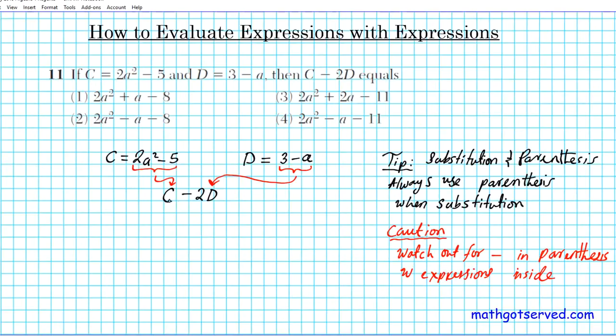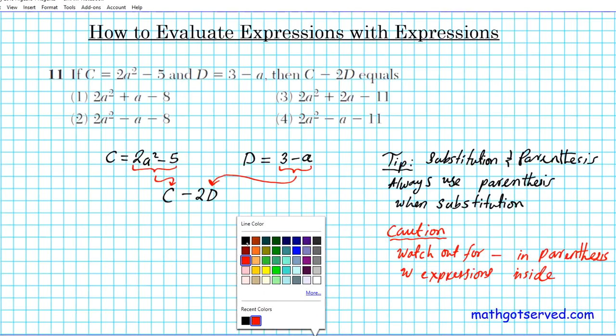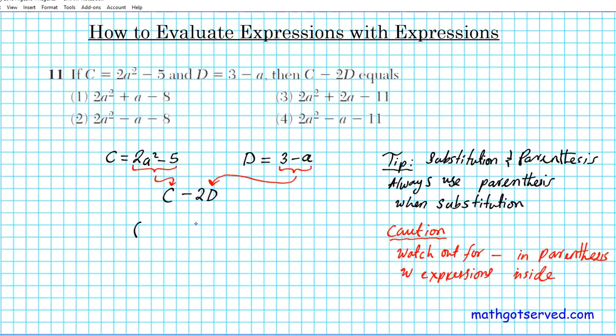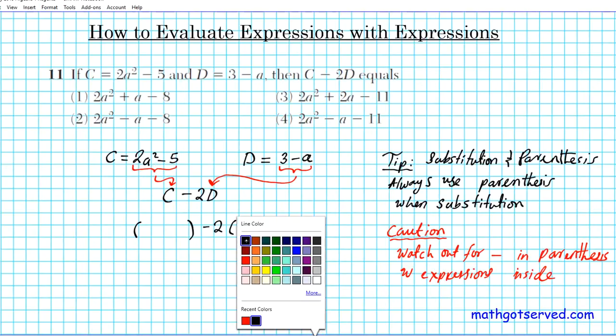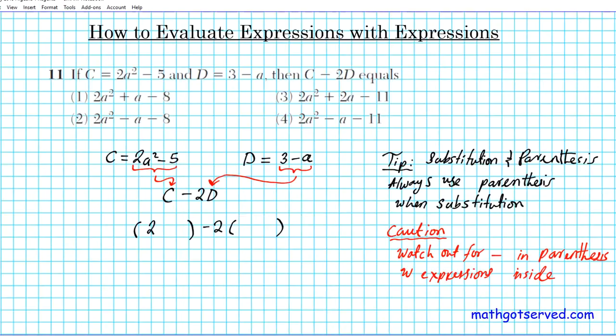We're going to start out by taking out these two variables, c and d, and replacing them with parentheses. So in place of c, I'll put parentheses, minus 2 times parentheses. Now in the first parenthesis, where I took c out, I'm going to substitute this expression for c, which is 2a squared minus 5.